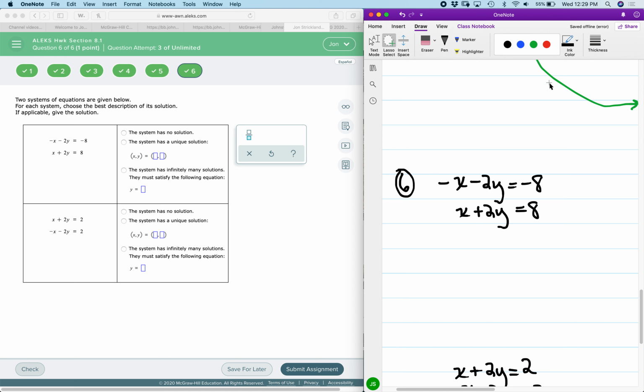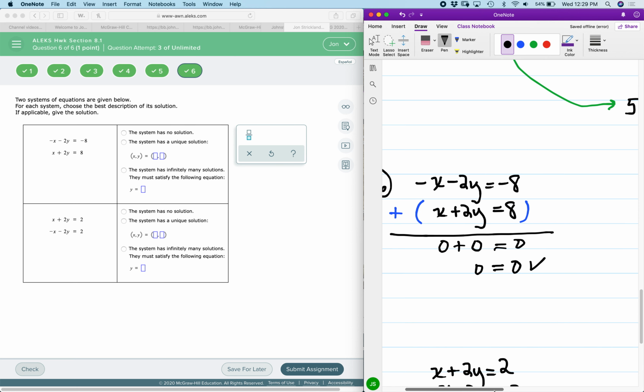If I add these equations together, negative x plus x is 0, negative 2y plus 2y is 0, negative 8 plus 8 is equal to 0. So this would be a consistent dependent system, and this would have infinitely many solutions.